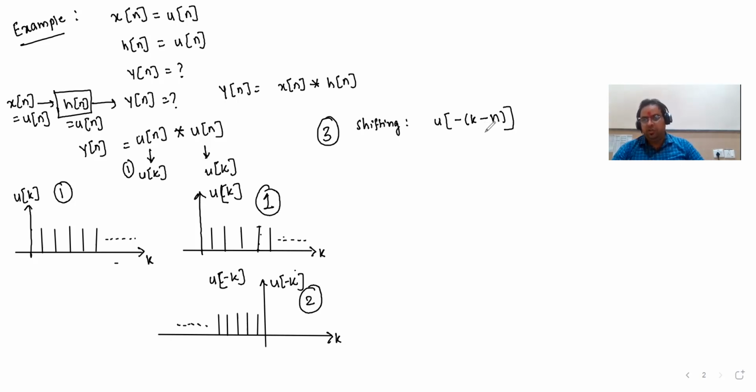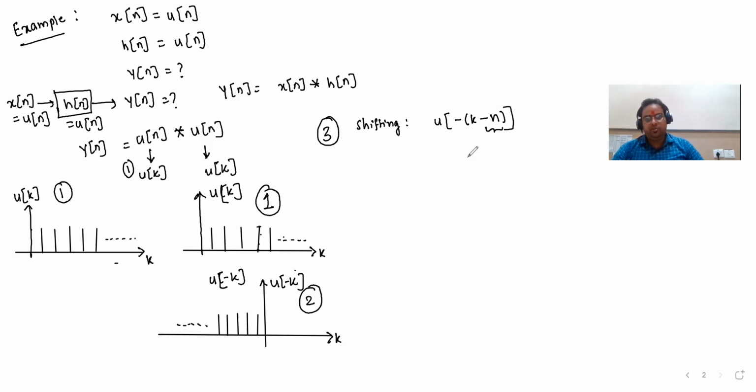Now it depends on the positivity or the negativity of this parameter n or t, whatever it is, in the continuous time if we are taking t, or in the discrete time we are taking n. So it depends on the positivity or negativity of this n or k, whatever we are taking, basically whether this time reverse signal is shifting in which direction. Basically, it is getting delayed or it is getting advanced.